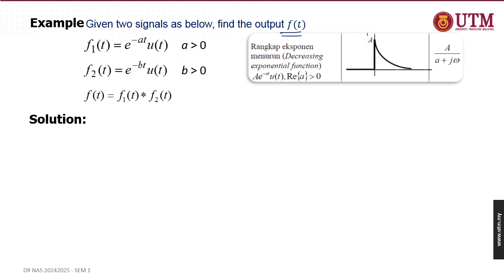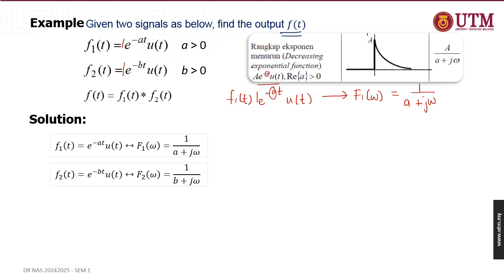You have the exponential function in this case, and in both cases a is 1. So this is your f1(t), and your F1(omega) equals 1 divided by a plus j omega. The power is positive a. The same goes for f2.